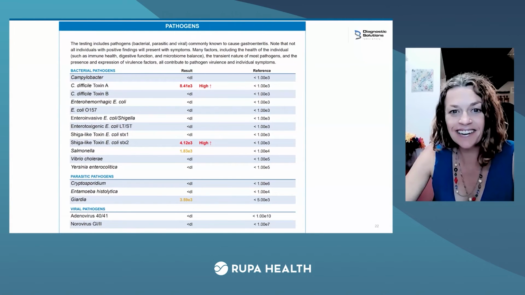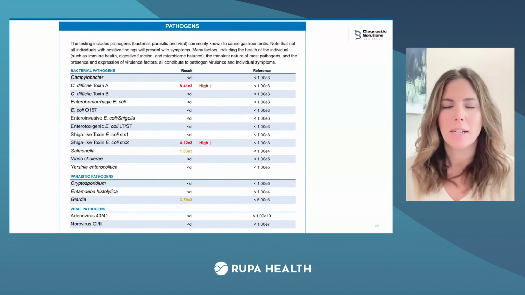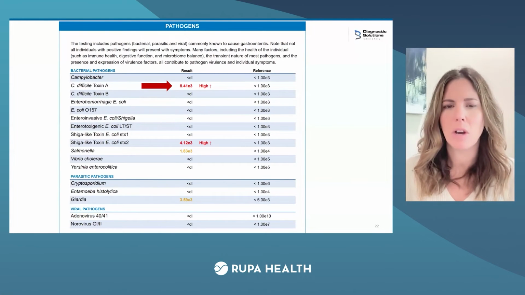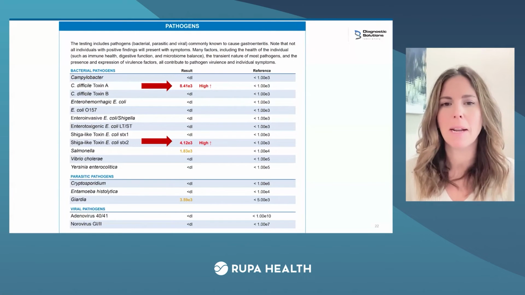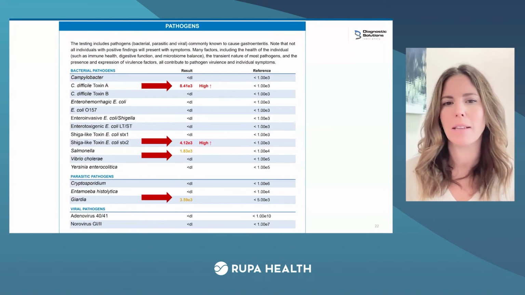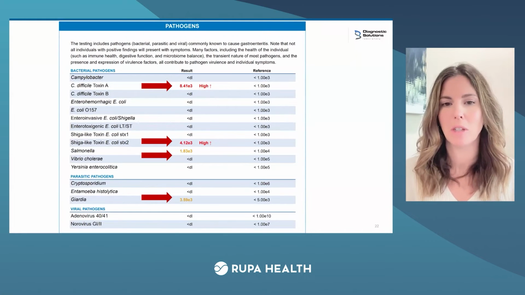So here we have 4 separate pathogens. I would say this is not completely typical for children, but it is more acceptable to have pathogens and inflammatory dysbiosis in children than adults.